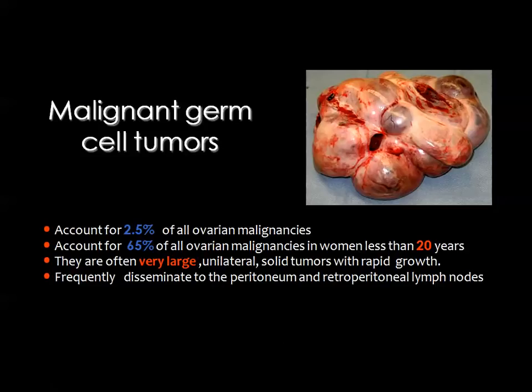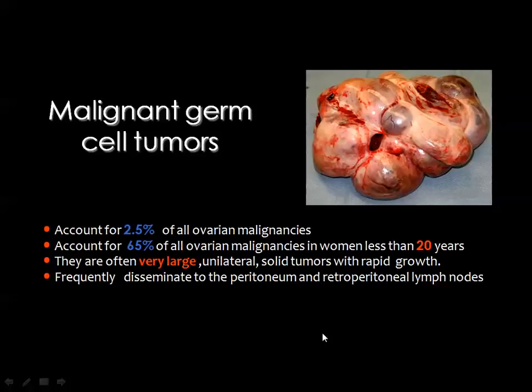Then malignant germ cell tumors represent about 2.5% of the ovarian malignancies, and they are more common in young females. They account for about 65% of ovarian malignancies in females less than 20 years of age.